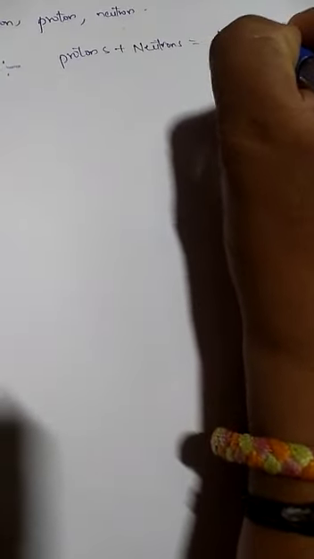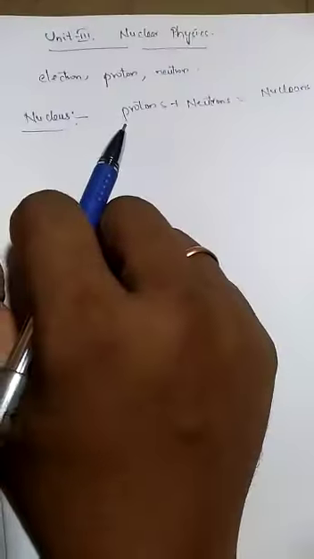Okay, the nucleus is made up of protons and neutrons. The combination of protons and neutrons we call nucleons. Okay, in the nucleus nucleons are present.